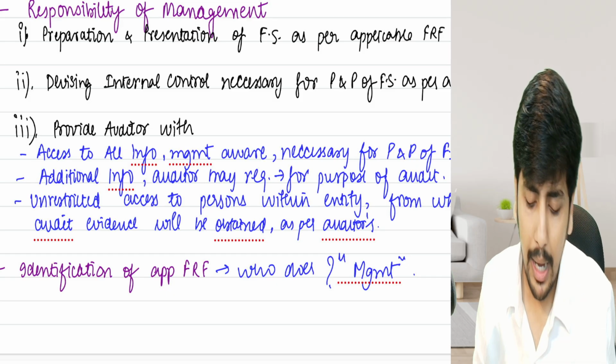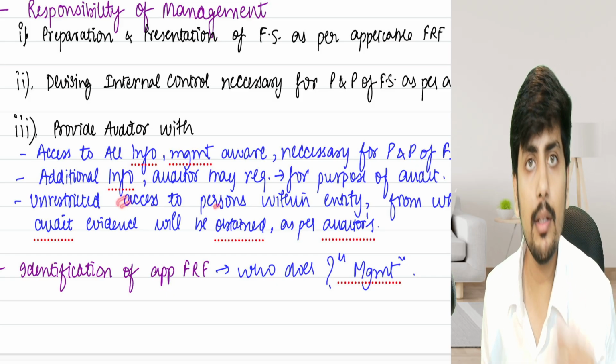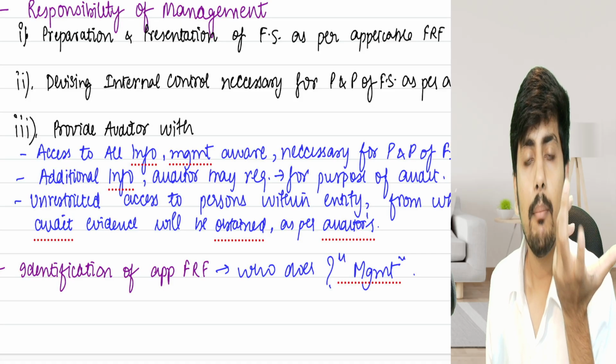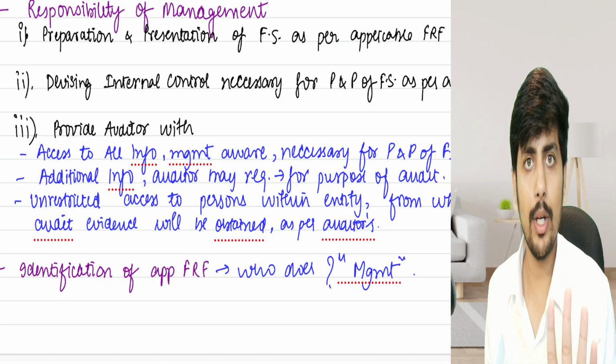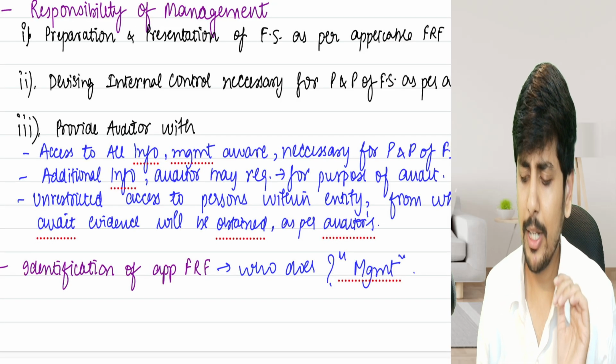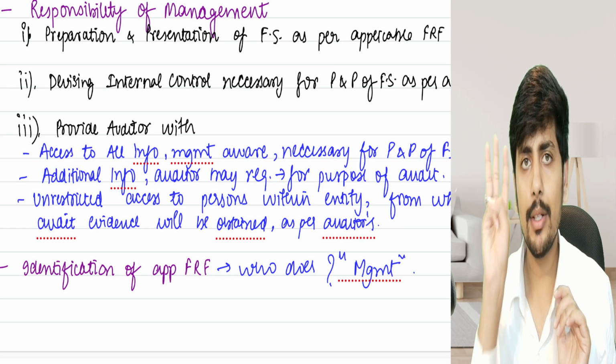And third, unrestricted access to the persons whom the auditor may consider necessary for obtaining audit evidence. Are you getting my point? So the responsibility of the management has 3 points, and the third point has 3 subpoints.